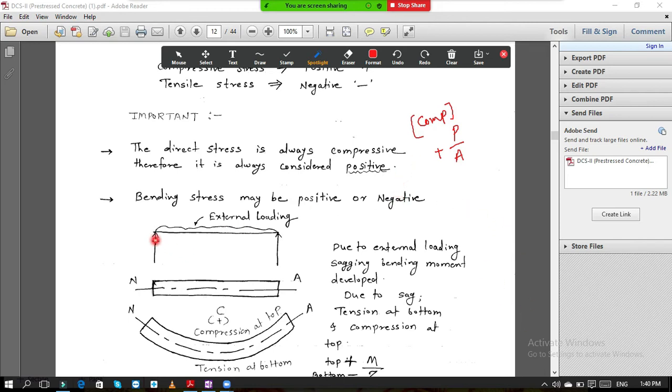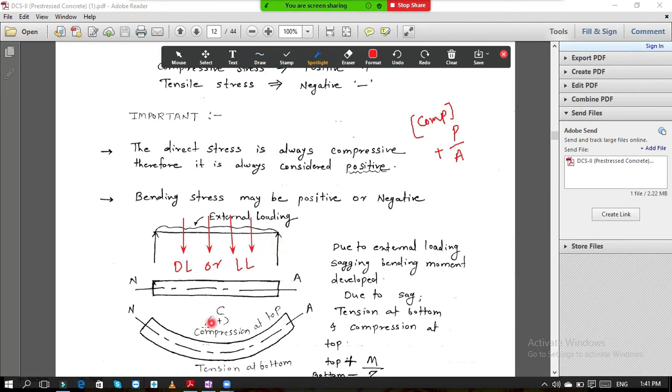So here you can see the same line diagram is there. This is the external loading. This may be the dead load or this may be the live load, because both the loads are acting vertically downwards.